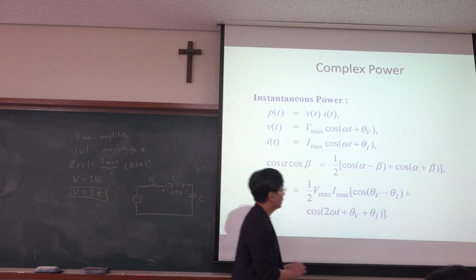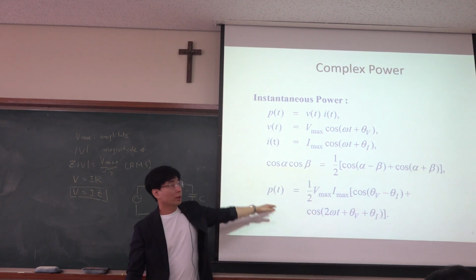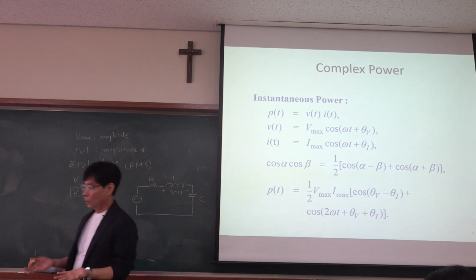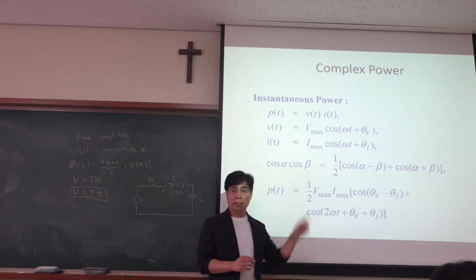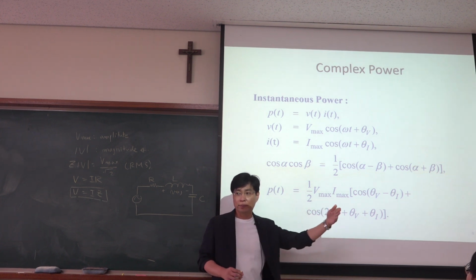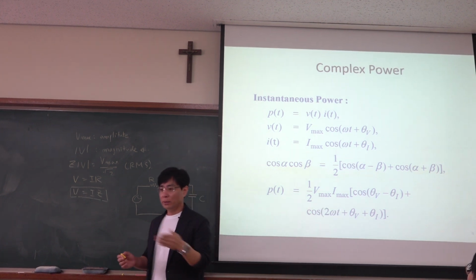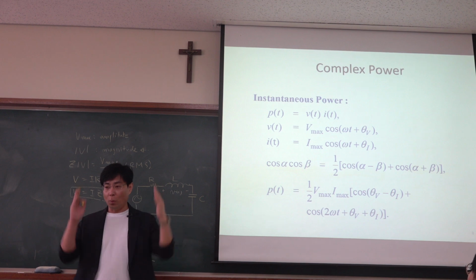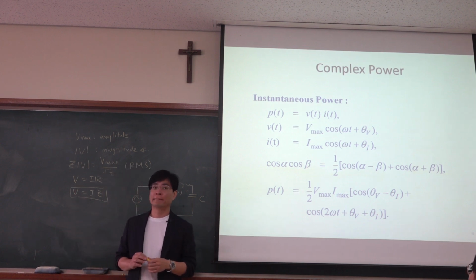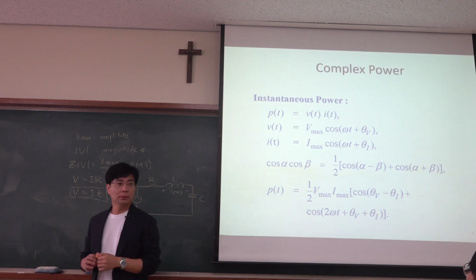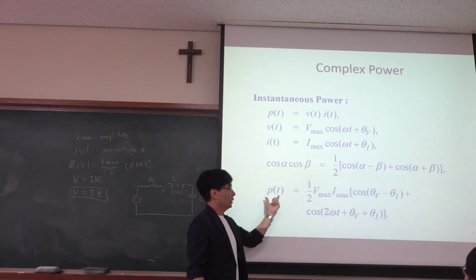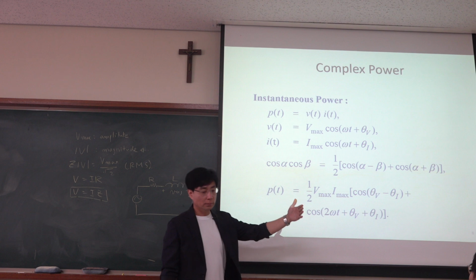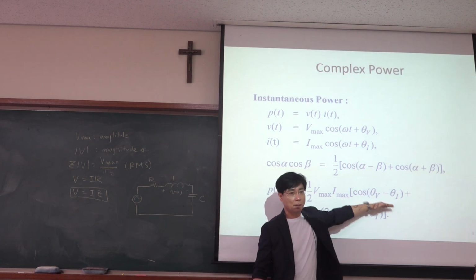Then when you look at this, can you think of something else? Instantaneous power changes over time. What happens if you take the integration of that over one period? This instantaneous power is a sinusoidal waveform plus some constant offset term.